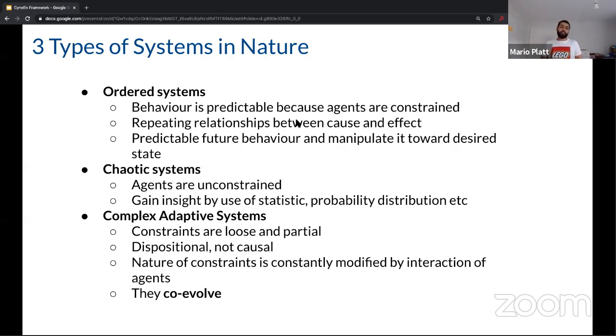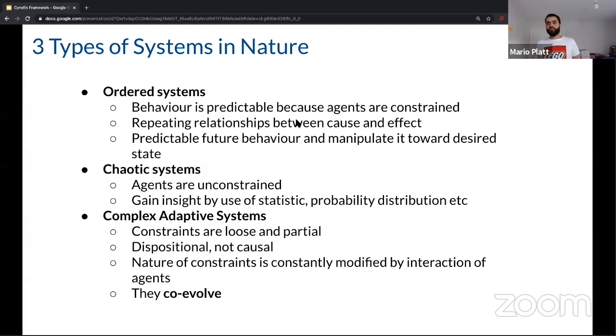Then we have chaotic systems. A chaotic system is where we have no effective constraints. It's not contained, nothing seems to be connected, everything is a mess. The key management action when dealing with a chaotic system is to introduce constraints. That's the main thing we can do, and this is where crisis management comes in. In a chaotic system, we don't look to find solutions.